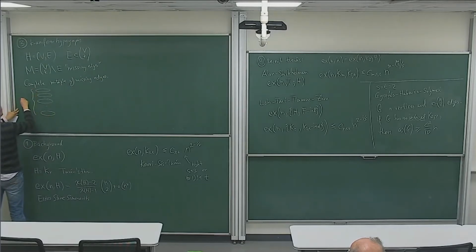There are M of them. These are missing edges. And whenever you choose one vertex from each of them, so take K vertices, 1, 2, 3, from any of them, that is an edge. Okay?